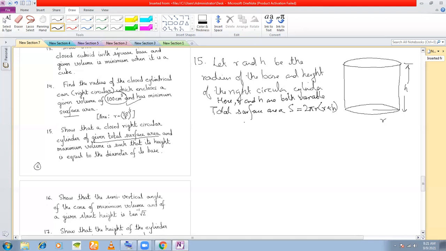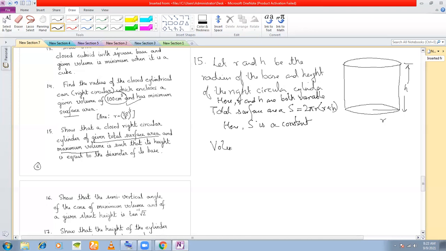And here S is a constant because it is given. So once we are aware that S is a constant and r and h are variables, now we are going to write down the function that we need to minimize or maximize. Here in this case, we have maximum volume, so we need to maximize the function that we are going to find out.